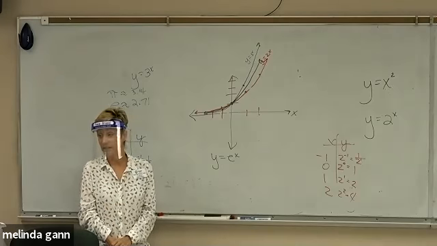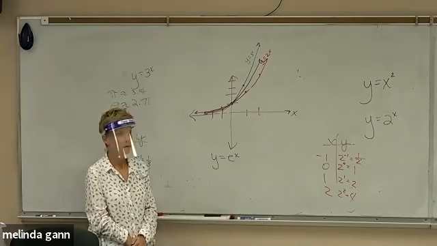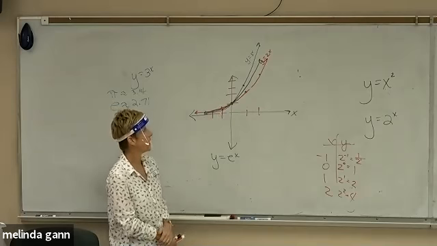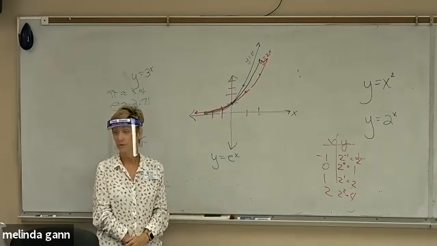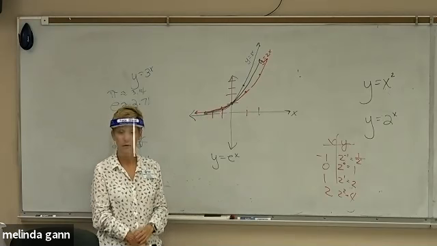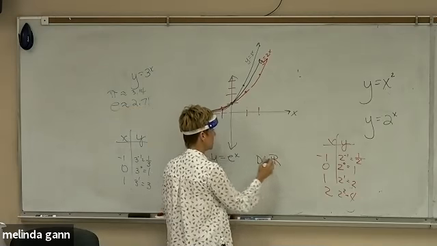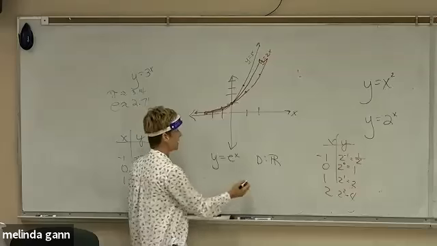Now, they're going to ask you things about domain and range on this graph. Look at the black graph. You can look at any of them really, but the black graph is y equals e to the x. What's the domain? Where do you have x values? Everywhere, right? So my domain is going to be all real numbers. Okay, what's my range though?